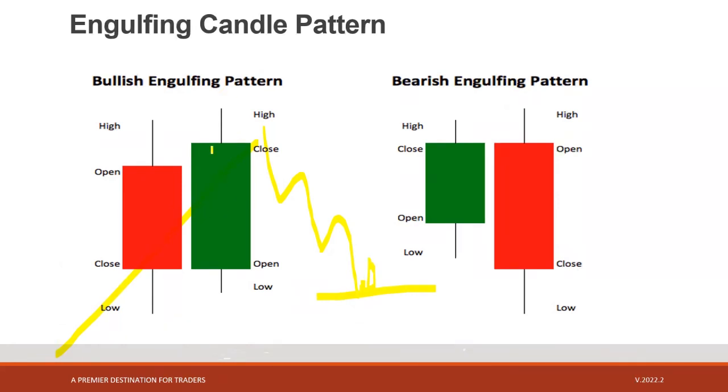Then the candle that follows it is bullish and way bigger than it, and completely covers the body of the candle, in most cases even the wicks, right? Just as the name implies, it engulfs the other candle. So it's a bullish engulfing.